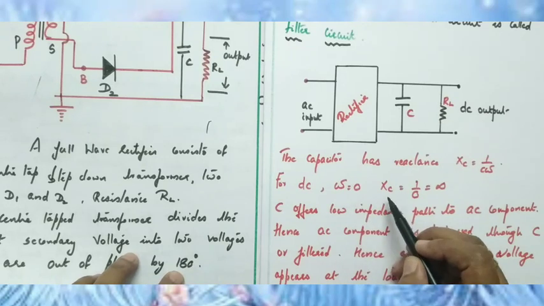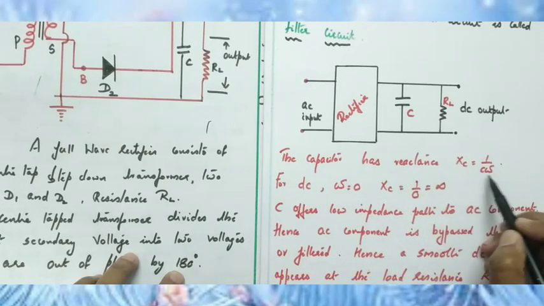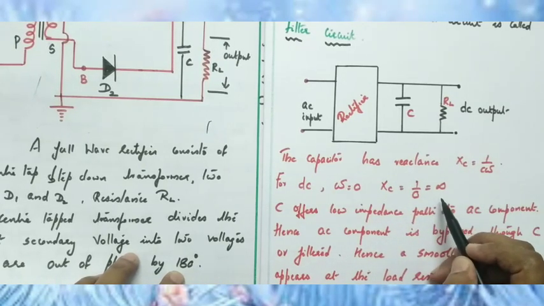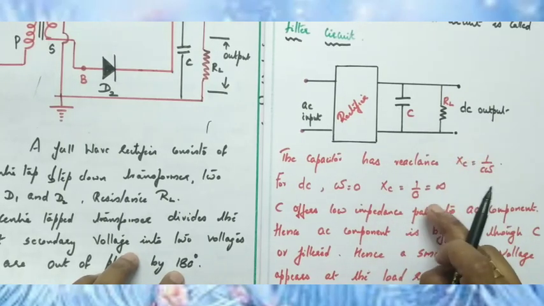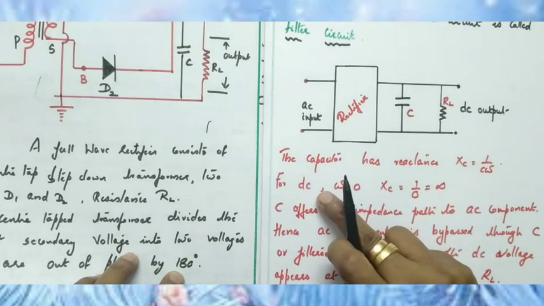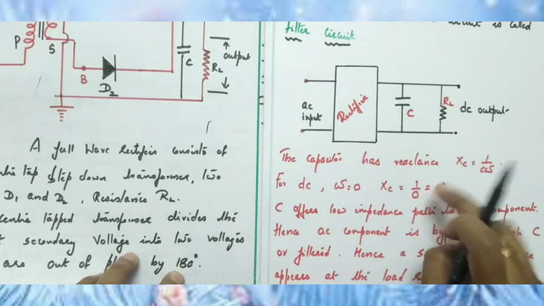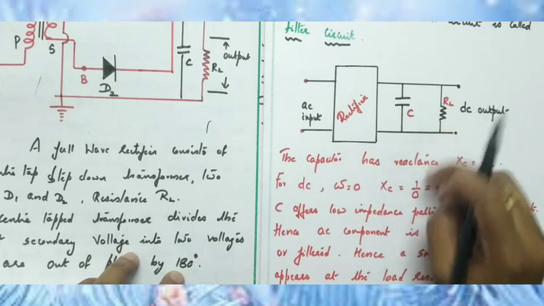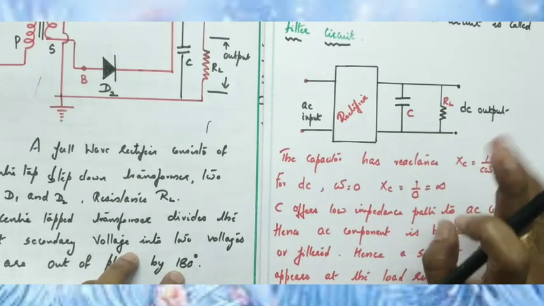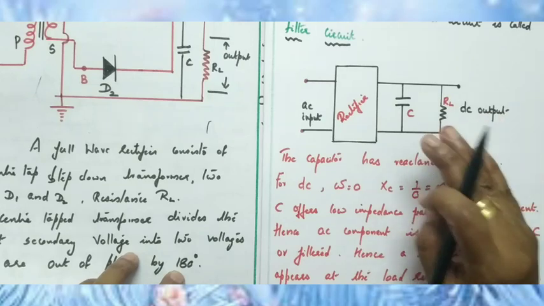It is 0. So, XC is equal to 1 by 0, which is infinity. That means the capacitor blocks DC. Resistance is infinite for DC. So the capacitor blocks DC and allows only AC to pass through.